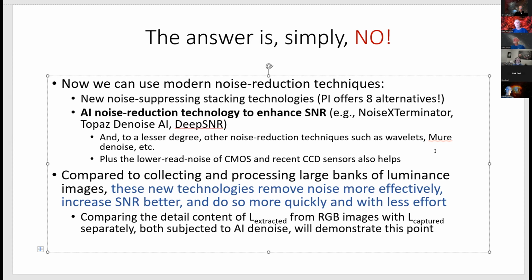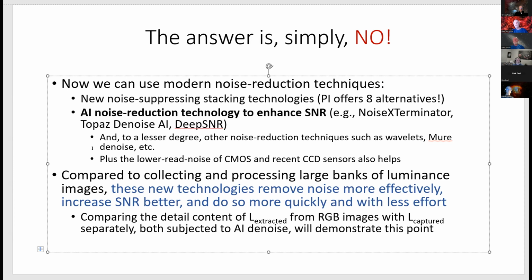Compared to collecting large banks of luminance images, which takes a lot of telescope time, and processing can take a lot of computer time, these new technologies remove the noise just as effectively. They increase the signal to noise ratio at least as well, and do so more quickly and with less effort.